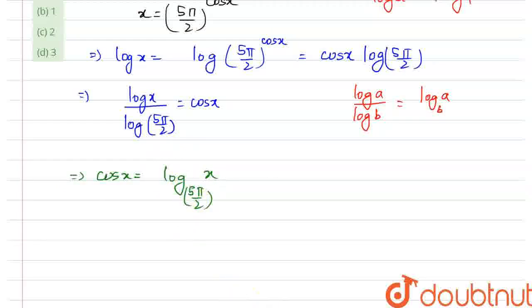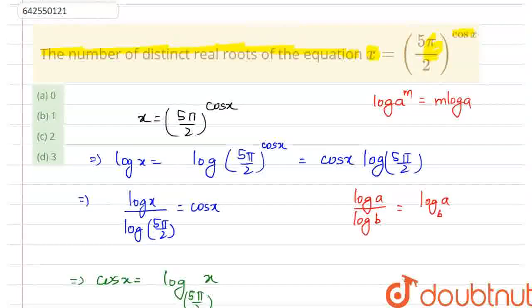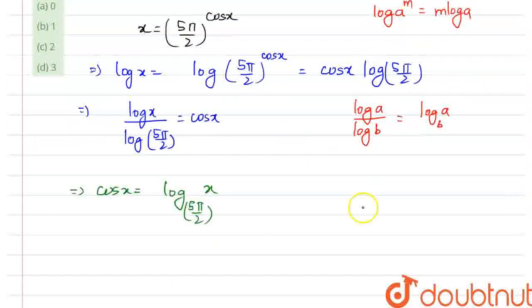So by solving this equation we got that cos x is equal to log x to the base 5π/2. Now we need to find out the distinct real roots of the equation. We will do so by drawing the graph of cos x and log x to the base 5π/2 and find the number of intersection points between them.